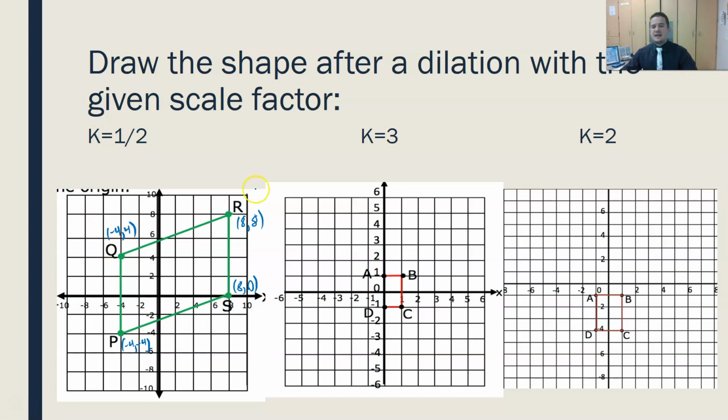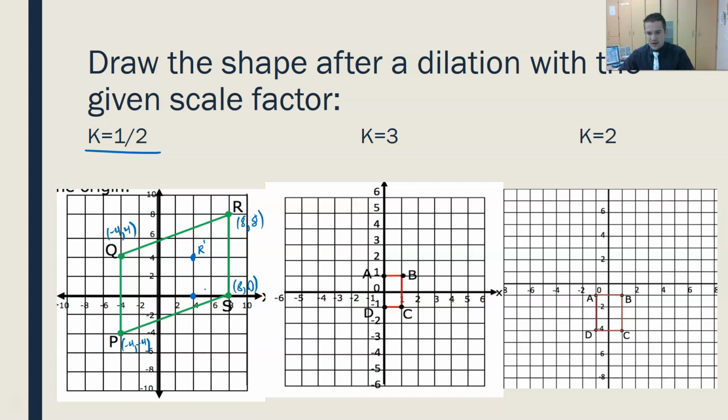So if I want to dilate this image by a scale factor of 1/2, I'm going to multiply each of these coordinates by 1/2, or I'm going to divide them by 2. So 8 divided by 2 and 8 divided by 2 is going to give me 4, 4. So that's this point, R prime. 8 and 0, 8 divided by 2 is 4, 0 divided by 2 is 0.